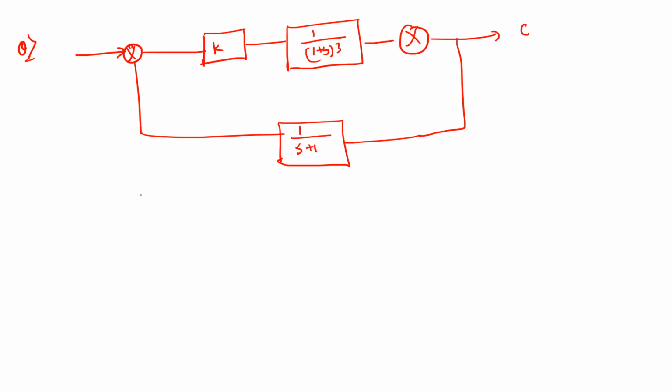This one is your input, this one is positive, this one is your negative. R is your input, C is your output, and this is a closed loop transfer response.